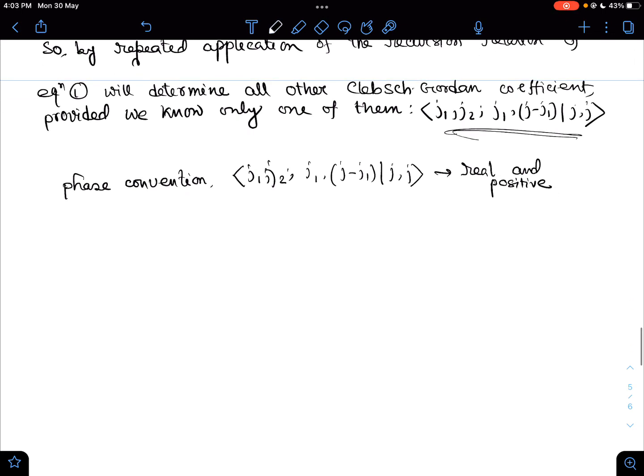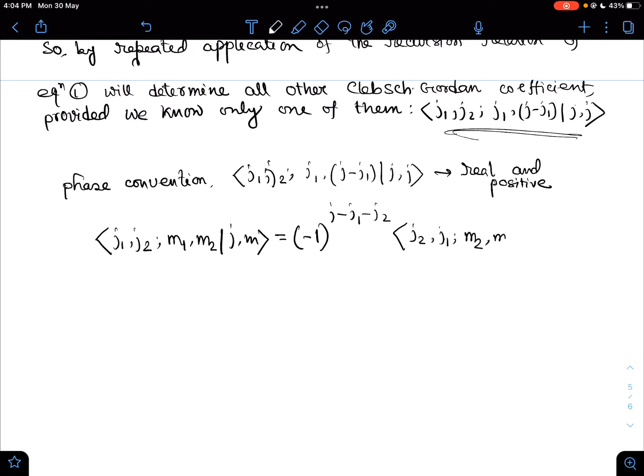So the phase convention implies that J1, J2, M1, M2, Jm, this coefficient will be equal to minus 1 to the power j minus J1 minus J2, J2, J1, M2, M1, Jm.